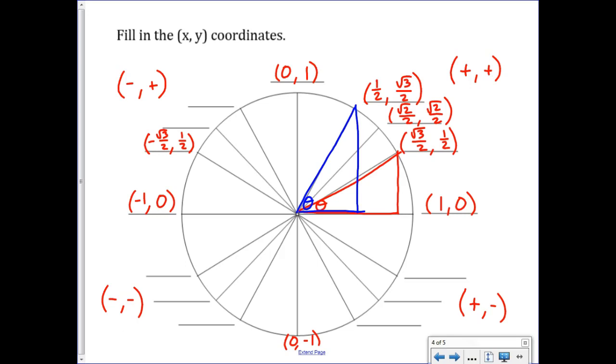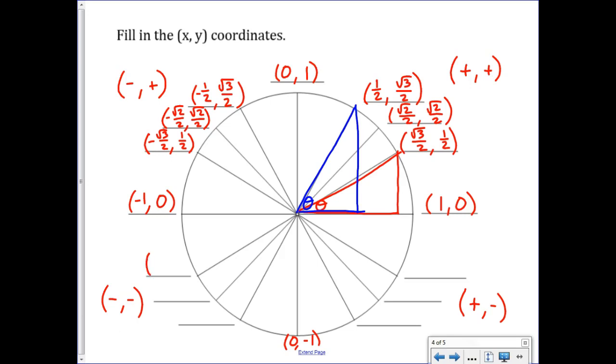If we reflect the 45, we're here, so negative radical 2 over 2 and positive radical 2 over 2. And then if we reflect the 60 degrees, we're at negative 1/2, and we're still up radical 3 over 2. You can use those reflections then to get you down to the bottom of the unit circle as well.